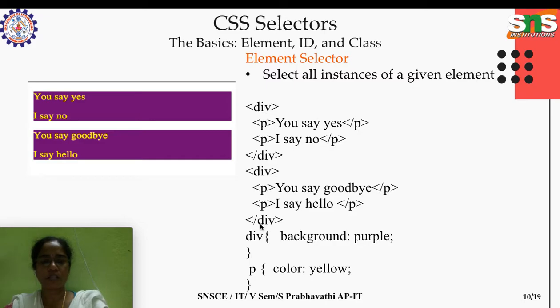I am making the background of all divs purple, and the color of all paragraphs, meaning the text color, not the background, yellow. When we execute, this is the output of this program. Two divs have their background changed to purple because of this style, and the paragraph color is changed to yellow. I hope you are following with me.